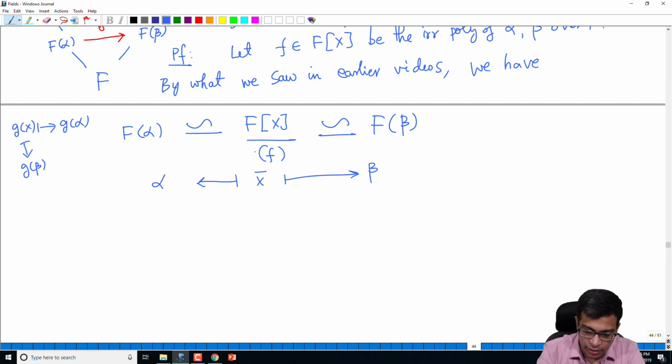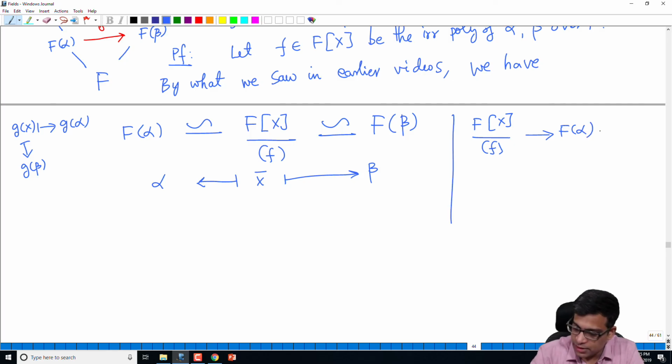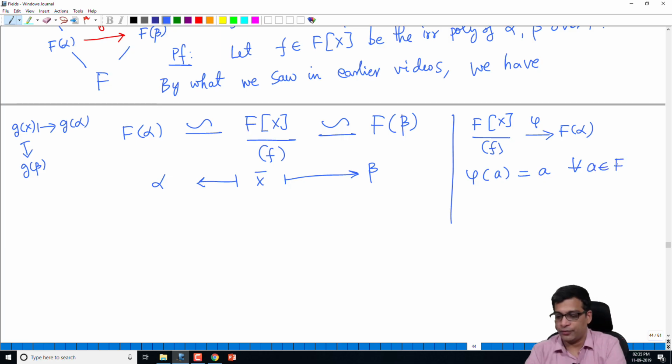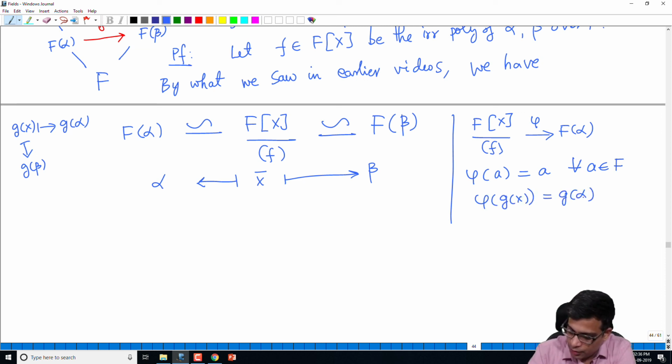And not only that, this homomorphism, let's call this phi, maps an element of F to itself, because again this map sends g(x) to g(alpha). So if g(x) is a constant polynomial, there is nothing to substitute alpha for.